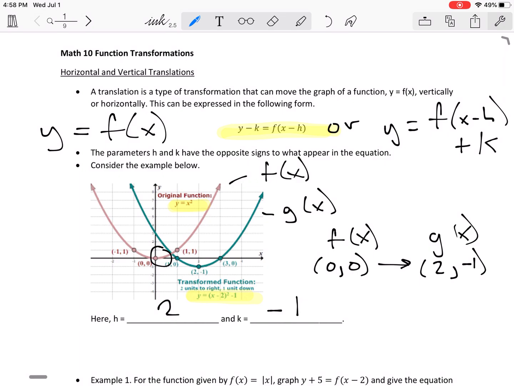Now, another term that your textbook uses for the new coordinates is an image point. Okay, so that's called an image point. And you can do that with other coordinates as well. For example, you've got a coordinate over here, (-1, 1), and you can map that one to (1, 0).